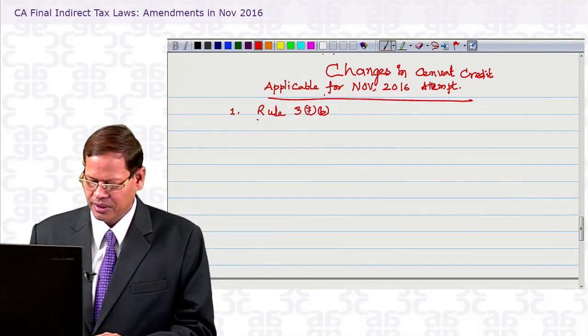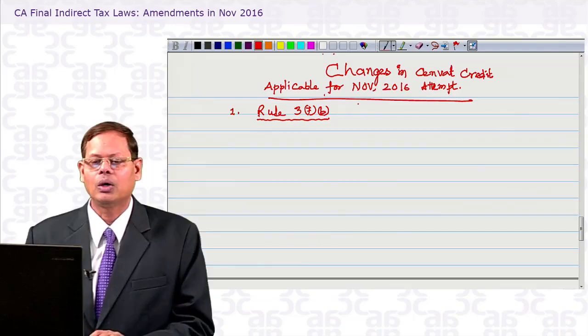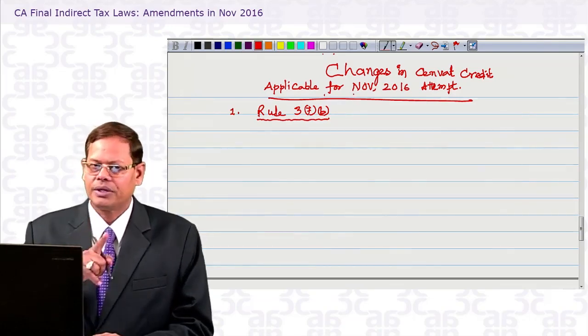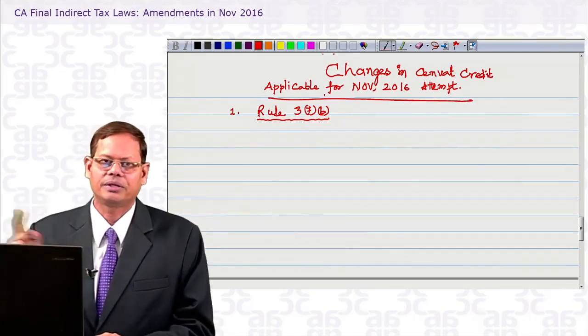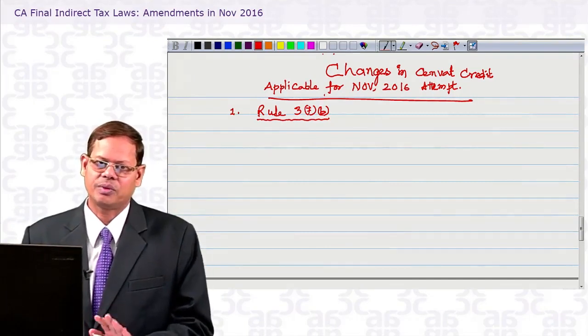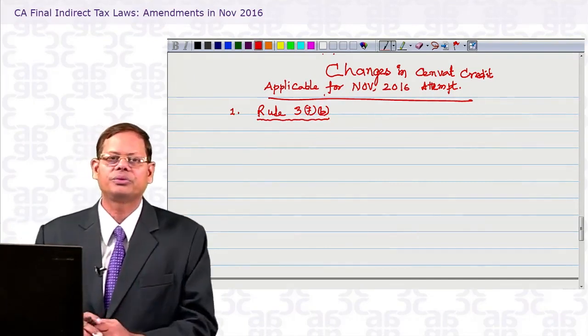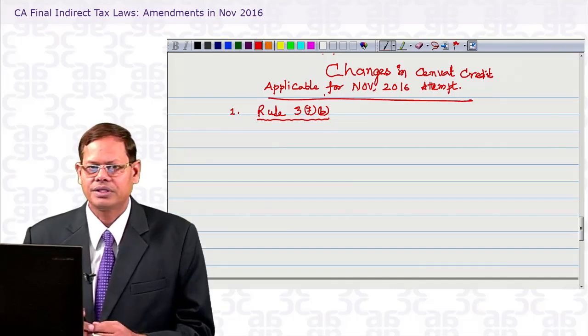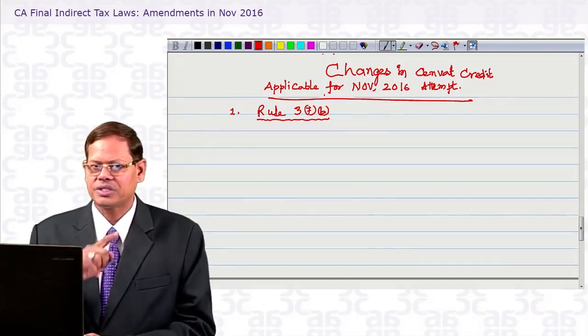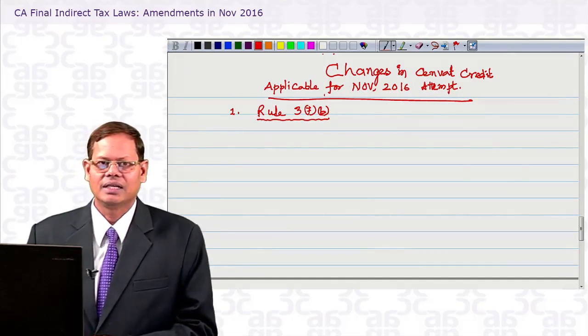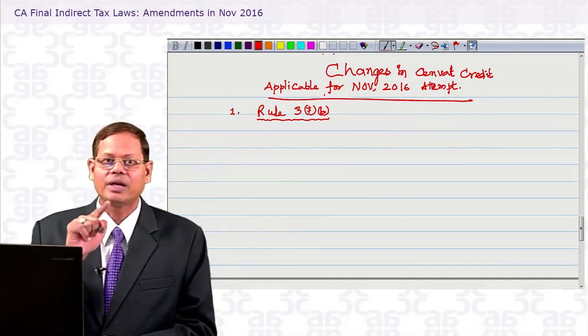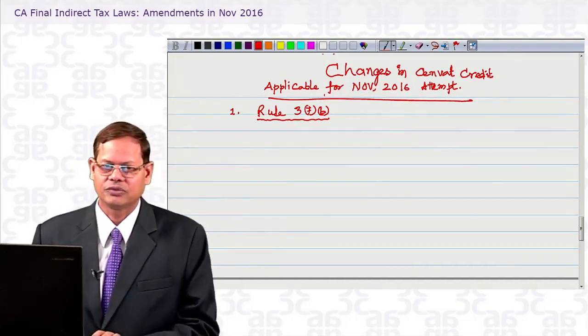Rule 37B gives you a glimpse of idea about how a particular duty can be set off against a particular duty or tax, as the case may be. That is, you can say interchangeability of duties and taxes. These interchangeabilities of duties and taxes has been given under Rule 37B, right?